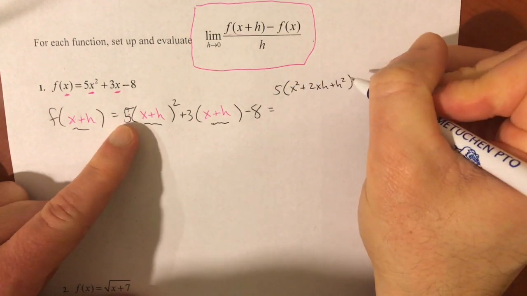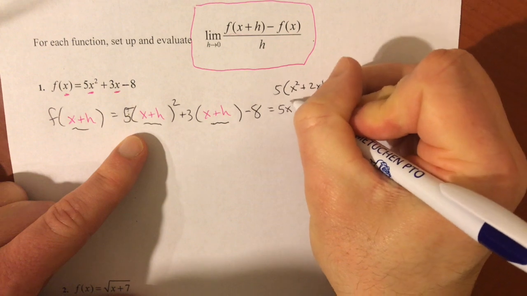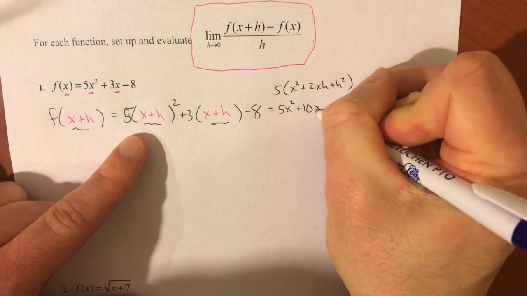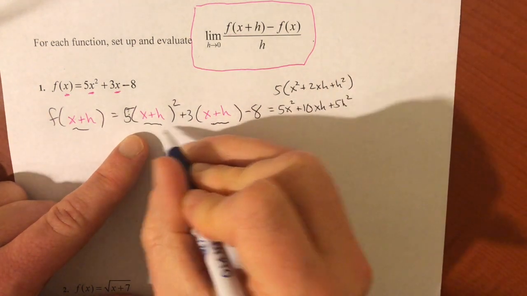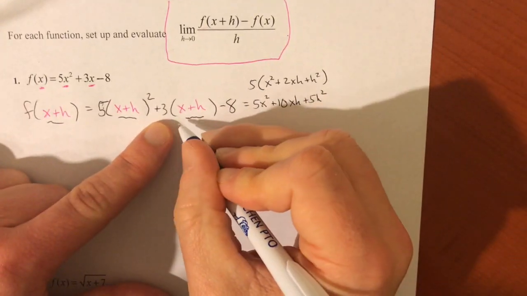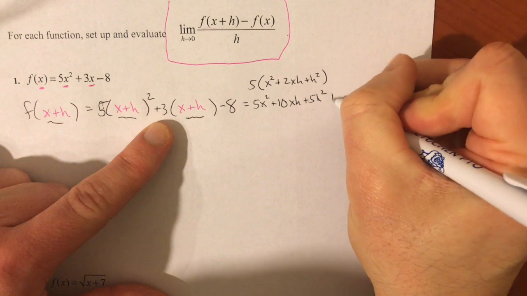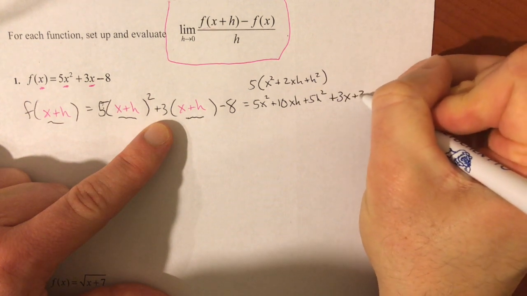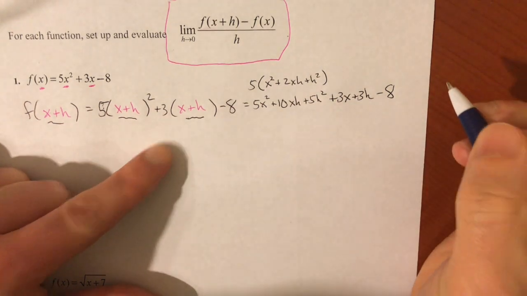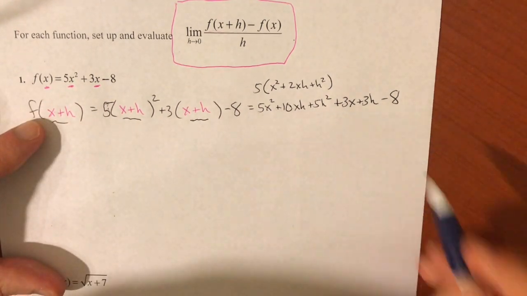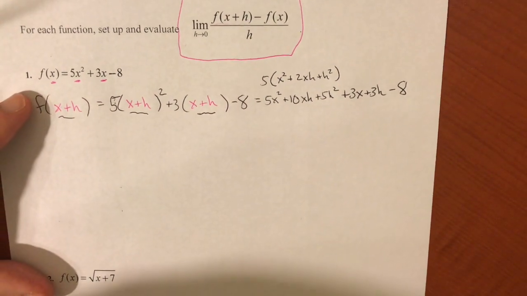And then when you distribute that 5, you will get 5x squared plus 10xh plus 5h squared, plus 3 times the quantity x plus h, you will get plus 3x plus 3h. And then you'll have minus 8 on the end of it. All of that is the f of x plus h part.